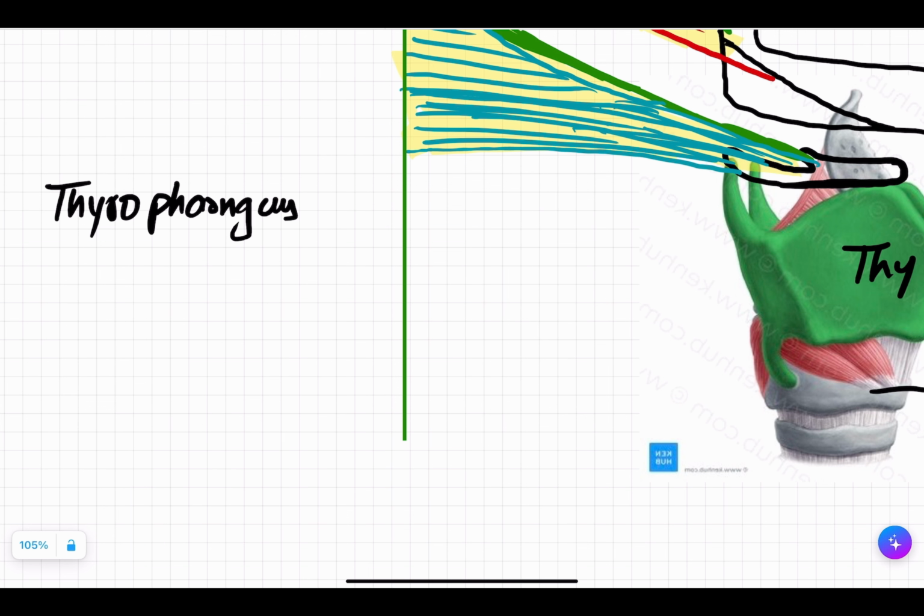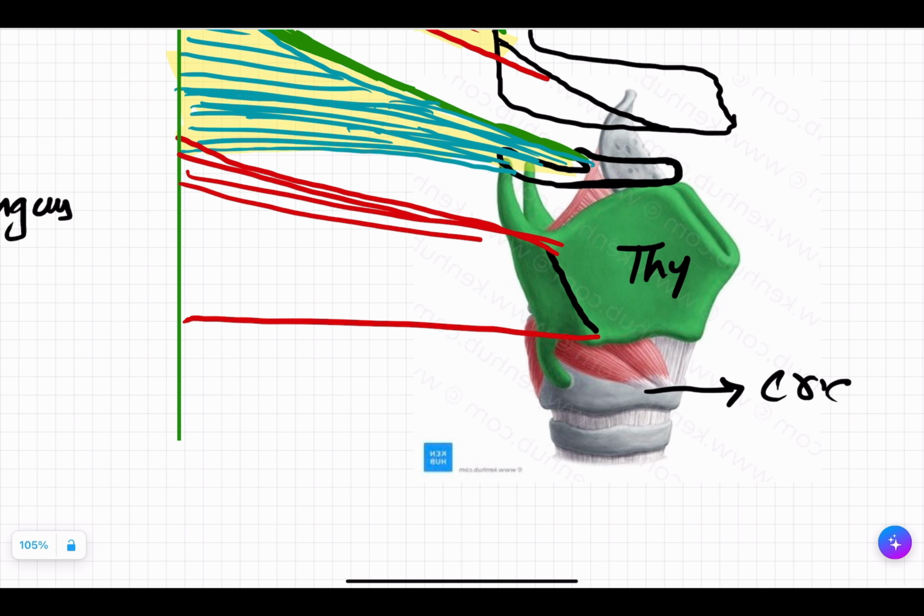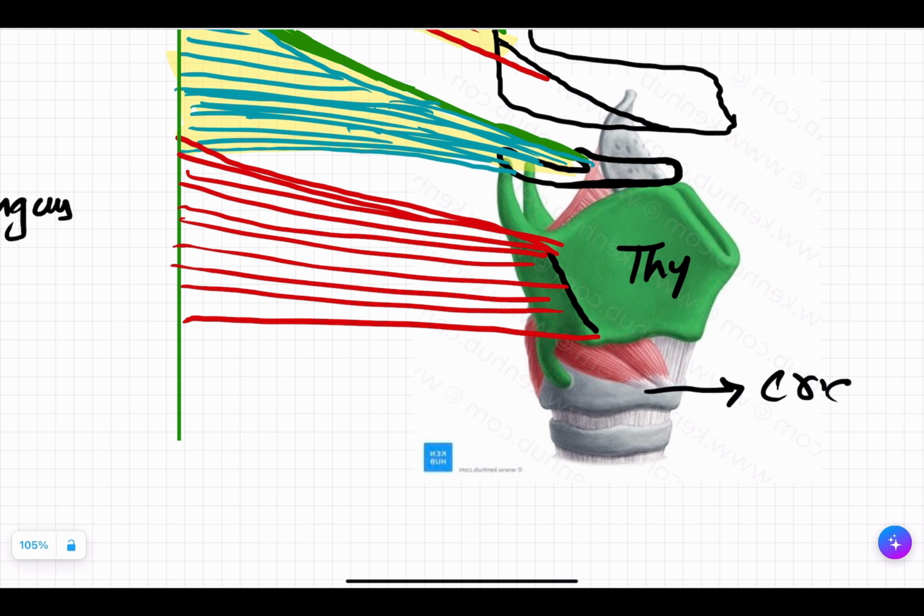So you see this oblique line, they will originate from the oblique line. Upper muscle fibers would be oblique while the lower muscle fiber would be transverse. So this is your inferior constrictor part, which is your thyropharyngeus. So this is one muscle, inferior constrictor, and inferior constrictor has two part, thyropharyngeus and the cricopharyngeus.